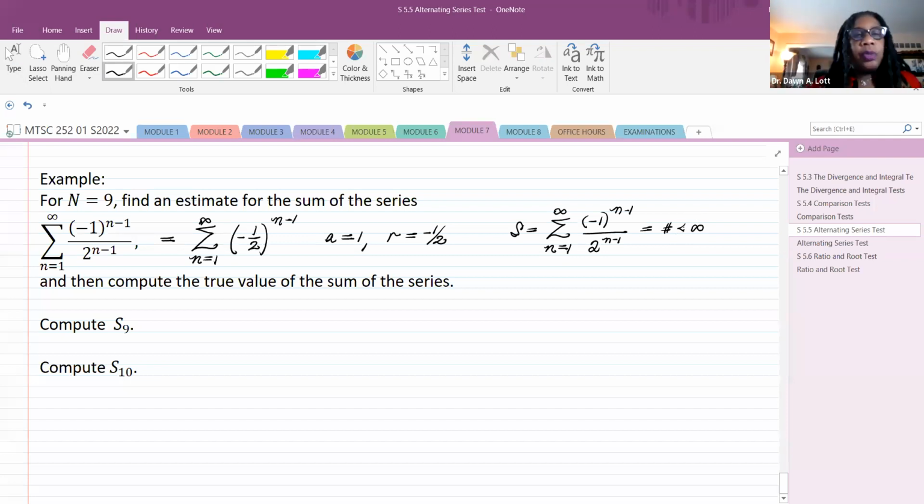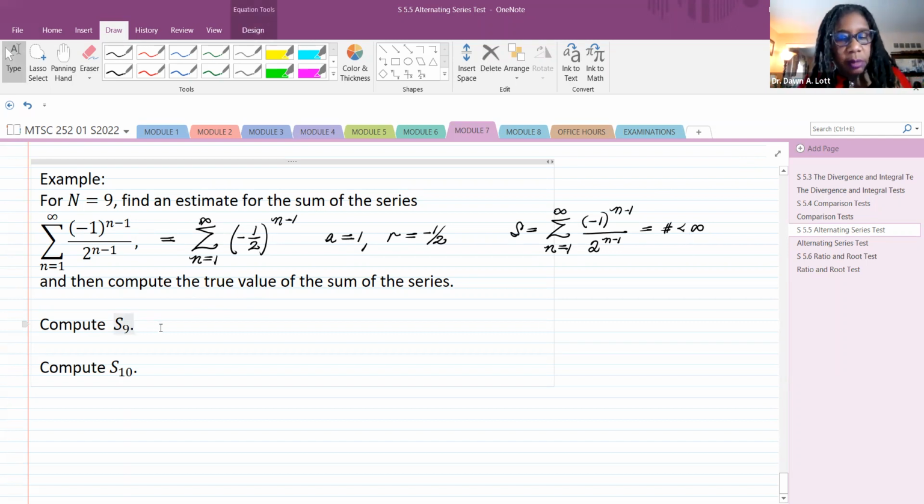Okay, so the alternating series estimation theorem, for this problem, says for n equals 9, find an estimate for the sum of the series. So we need to compute S9. Okay, so let's compute S9. I'm going to use my OneNote to do it.